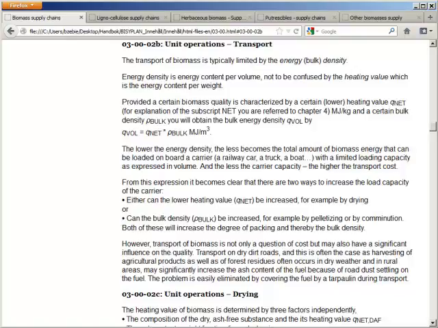Then there is the second transport, which may be a road transport of the raw biomass itself. It can be wet, it can be very voluminous, but it may have to be transported to an upgrading site or to a site for comminution. And then finally we have the transport of the biofuel itself from an intermediate store or from an upgrading plant to the final user, the energy plant.